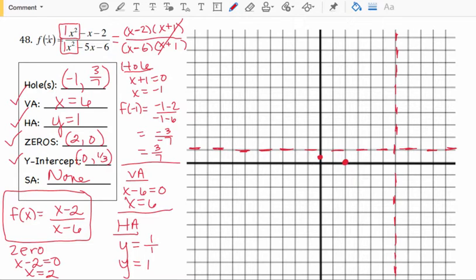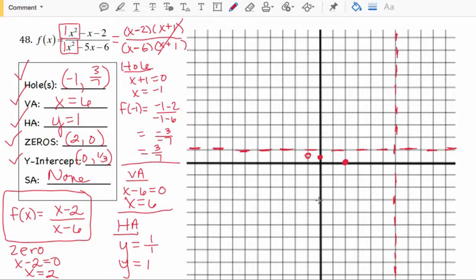I have a hole at about -1.4. There's a hole. And I've got nothing else to graph. So the only thing that I can do from this point on is find a couple extra points.